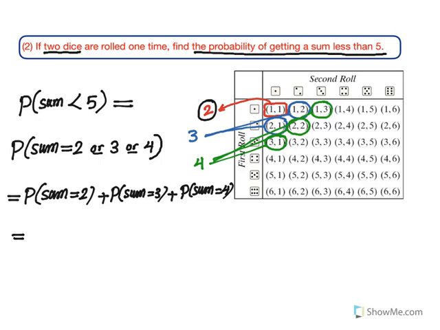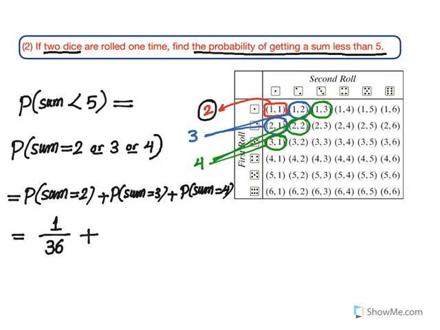It cannot happen. So the probability that the sum is 2, we have only one outcome out of all possible outcomes, which are 36 if you count them. 6 for the first die and 6 for the second die. So together, if you count how many we have in total, it's 36. 6 times 6.